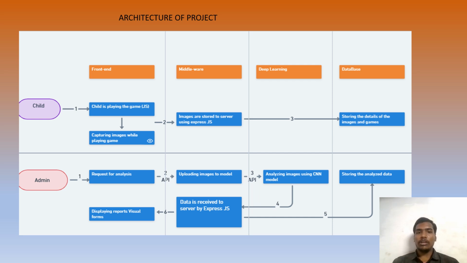And MongoDB: the database stores both raw images and analysis results, including details about the child's gameplay and the captured expressions. Admin interface: admin users can request analysis reports which pull data from the database. Report display: analysis results are displayed in a visual format showing sentiment trends, in visual forms like bar graphs.